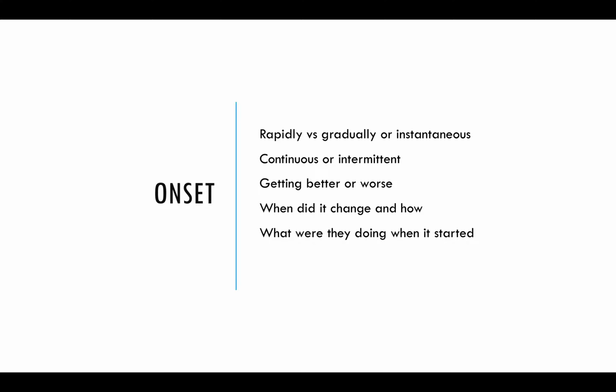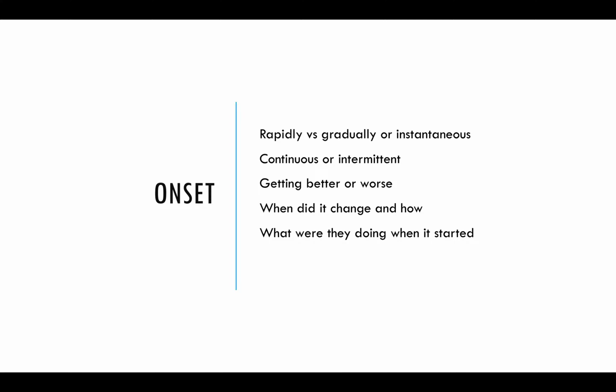When did it change? For example, someone may have had a grumbling pain for a couple of days and now it's really severe acute pain. That's important to know because that background of a couple of days may help change our differential diagnosis.